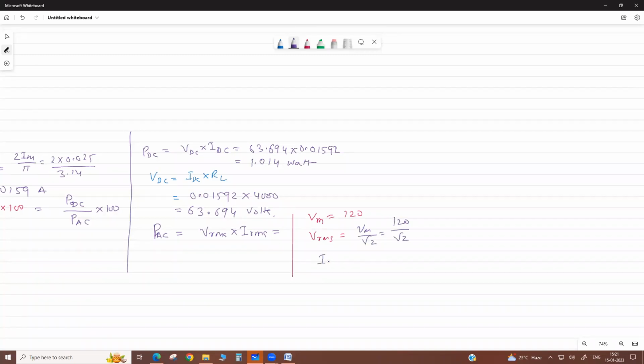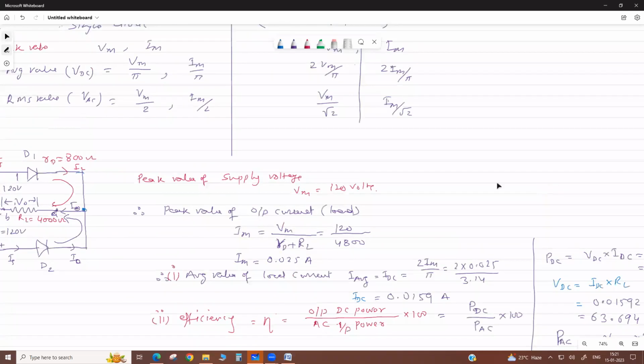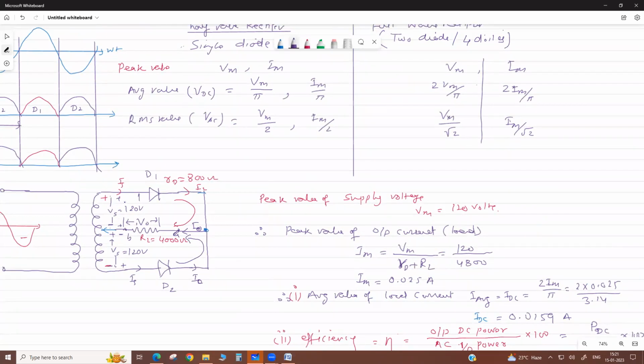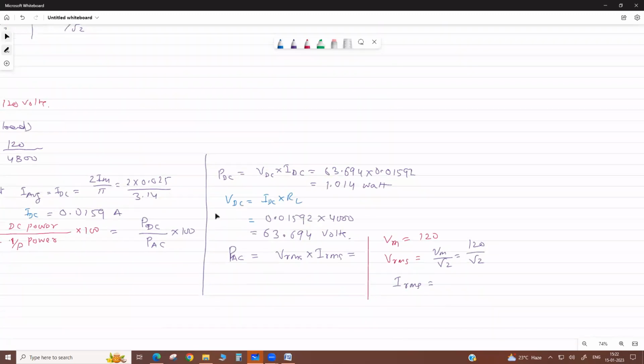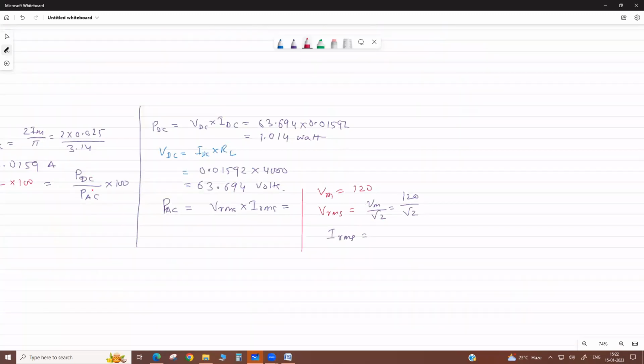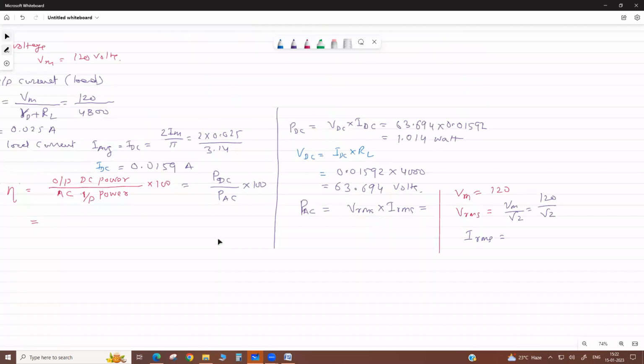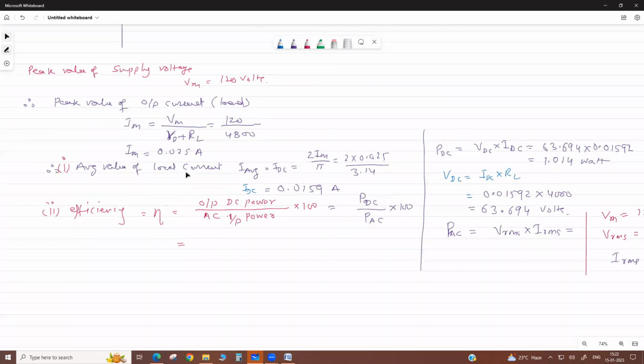And current RMS. Actually, output current equals input current. The same current flows from here to here. The RMS value of load current is itself the RMS value of supply current, correct? So already we calculated the peak value of this current.